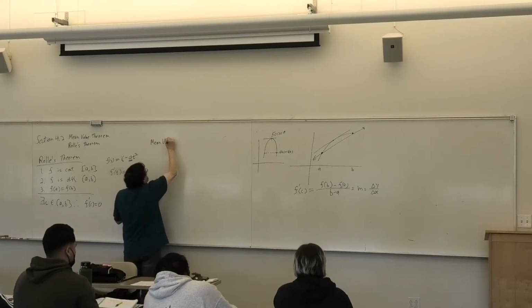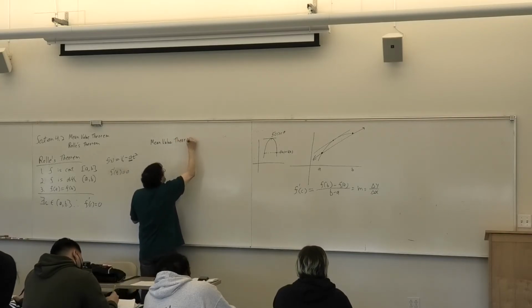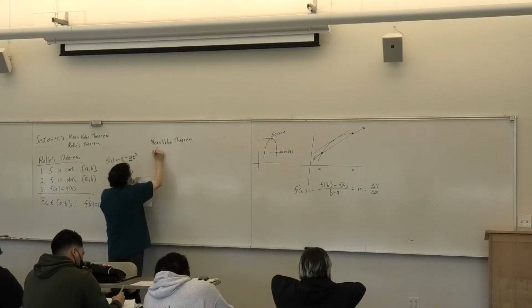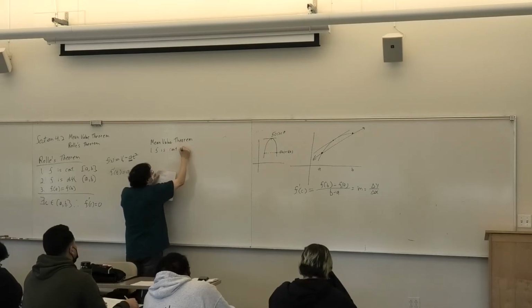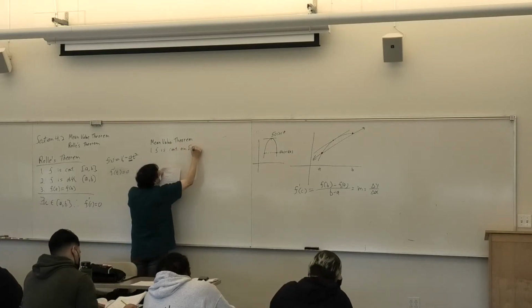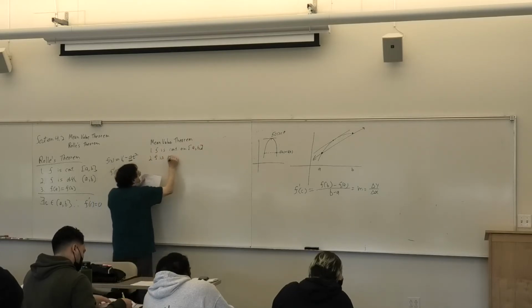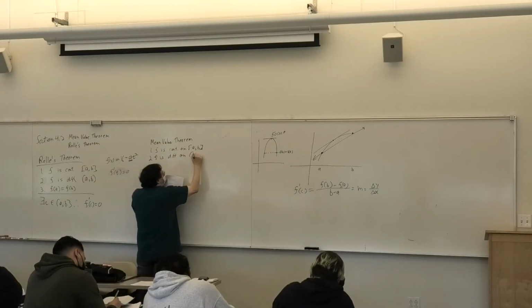Mean value theorem. f is continuous on the closed interval [a, b]. f is differentiable on the open interval (a, b).